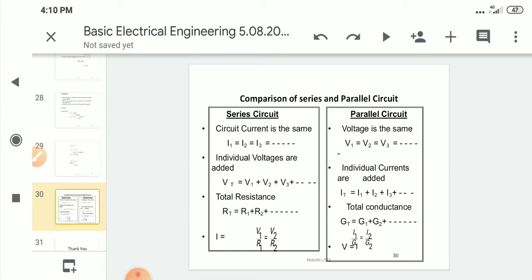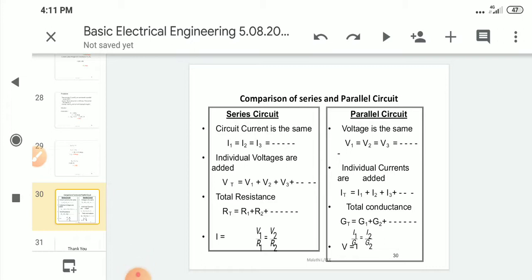Total resistance RT is equal to R1 plus R2 plus R3 and so on. Total conductance GT is equal to G1 plus G2 and so on. These are the comparisons of series and parallel circuits.